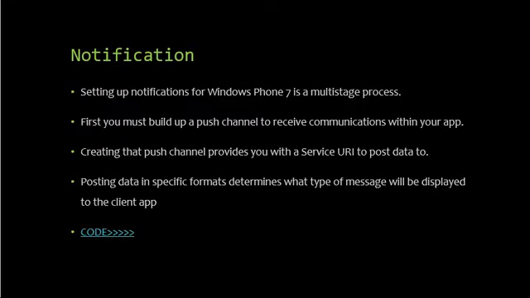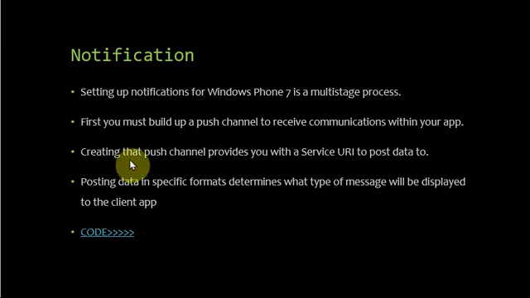Next one, we will come to notification. Under notification, setting up notification for Windows 7 is a multi-stage process. First of all, you have to build a push channel to receive communication within your app.